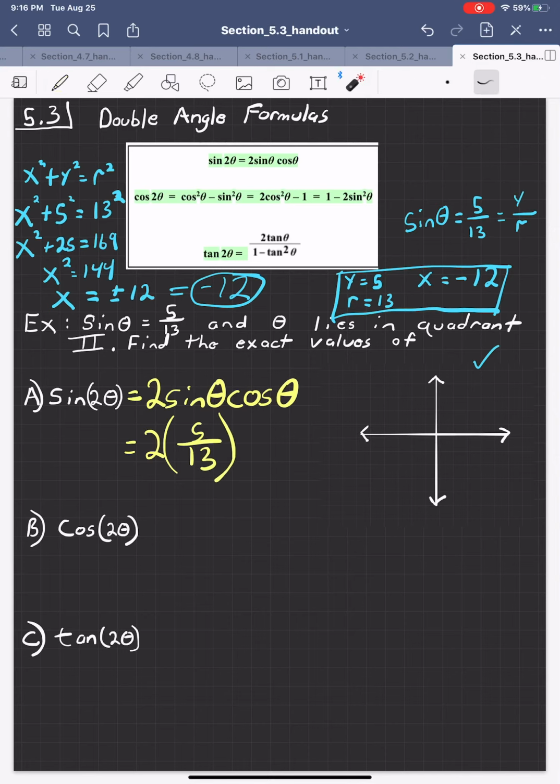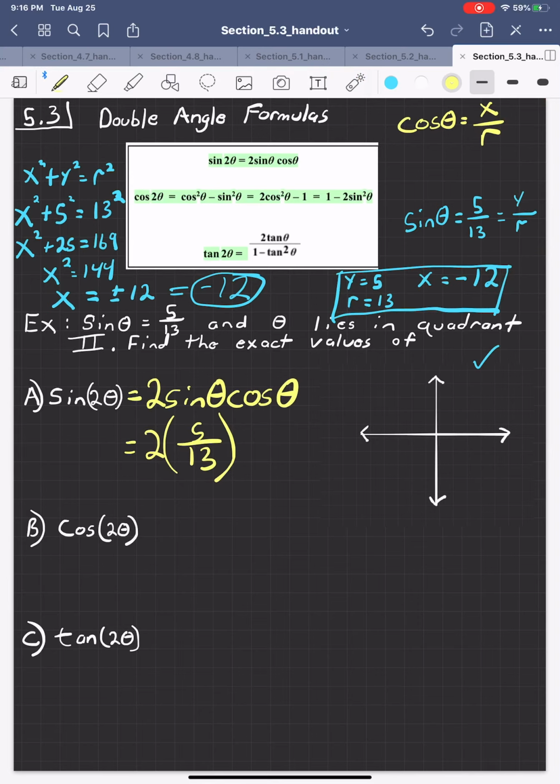Now, what about cosine of theta? Well, don't let me lose you. Remember, if sine of theta is y/r, cosine of theta is x/r. Do I know r? I do. r is 13. Do I know x? I do. x is -12.